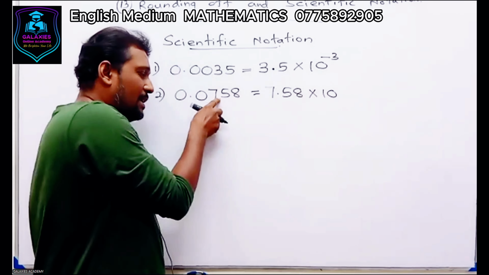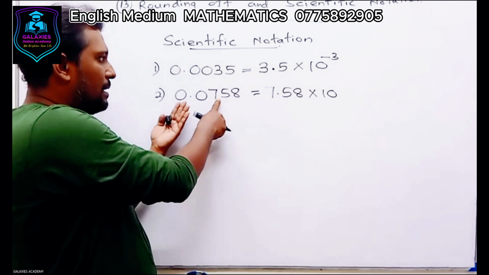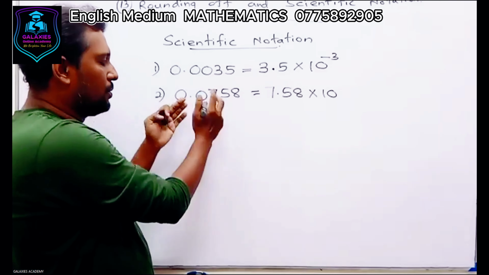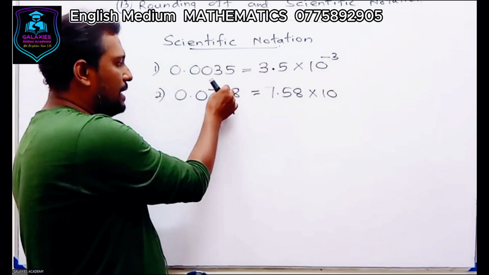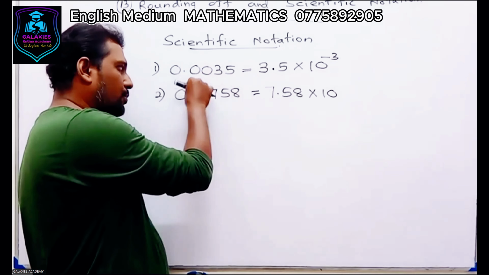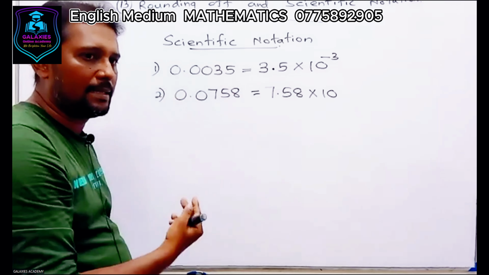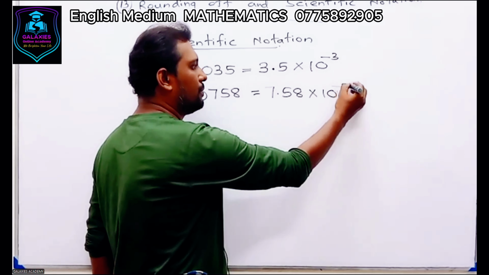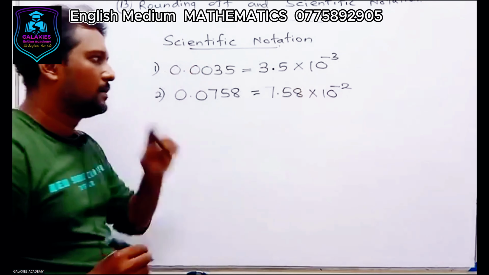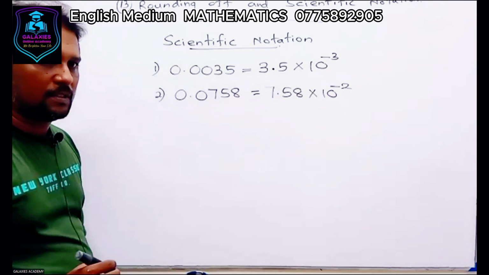I kept the decimal point here, but the initial number's decimal point is here. To go to the initial number, we have to move 1, 2 places, negative direction. So what is the index? Negative 2.